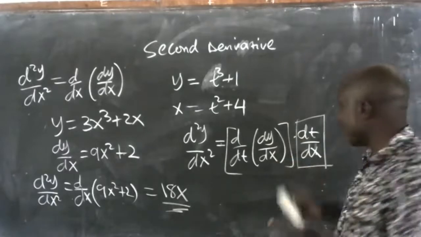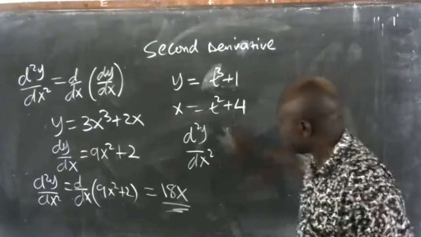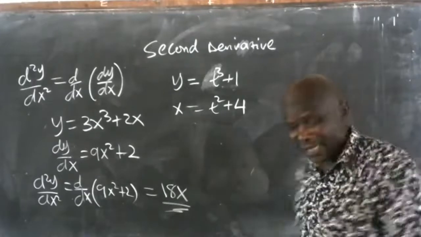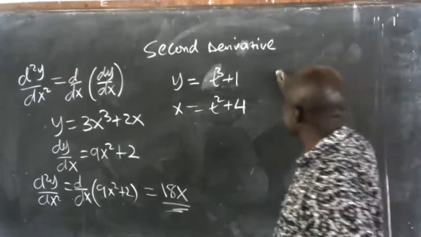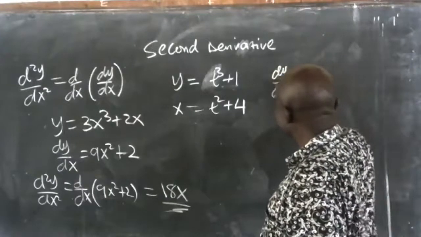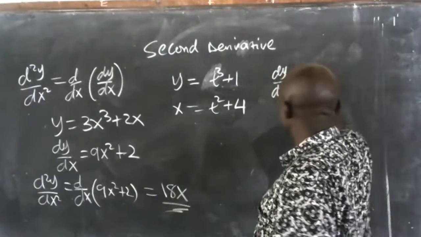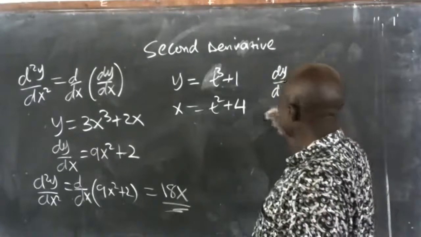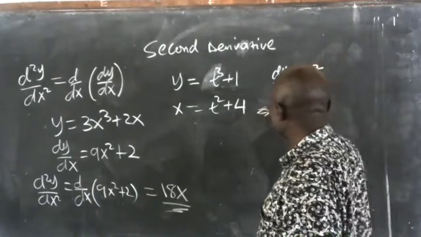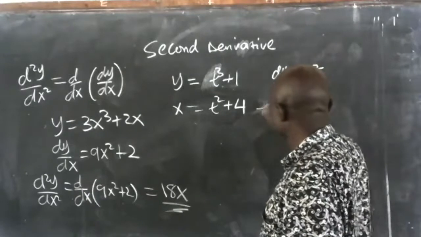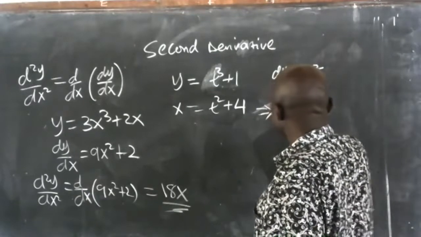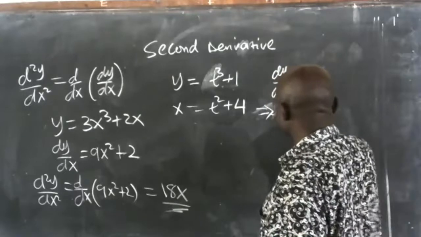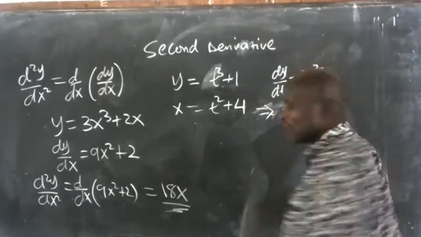So let us get dy/dx first, by getting dy/dt like we did earlier. This will be 3t squared. And dx/dt is equal to 2t. You should remember that.